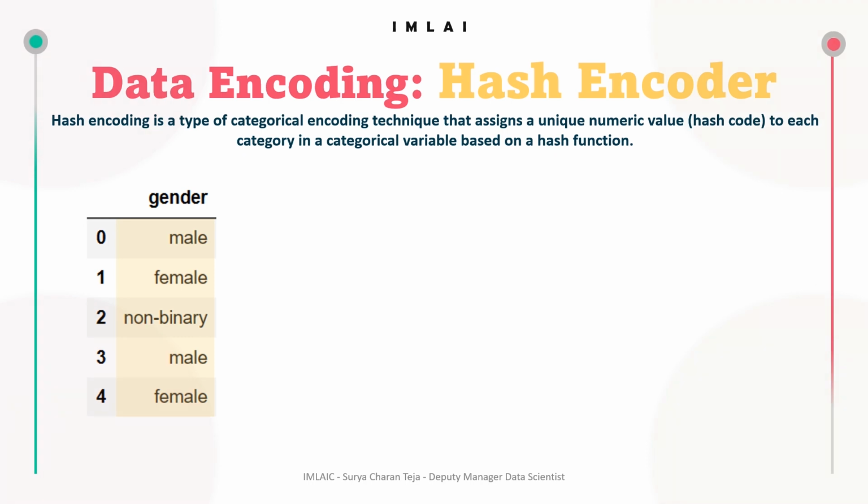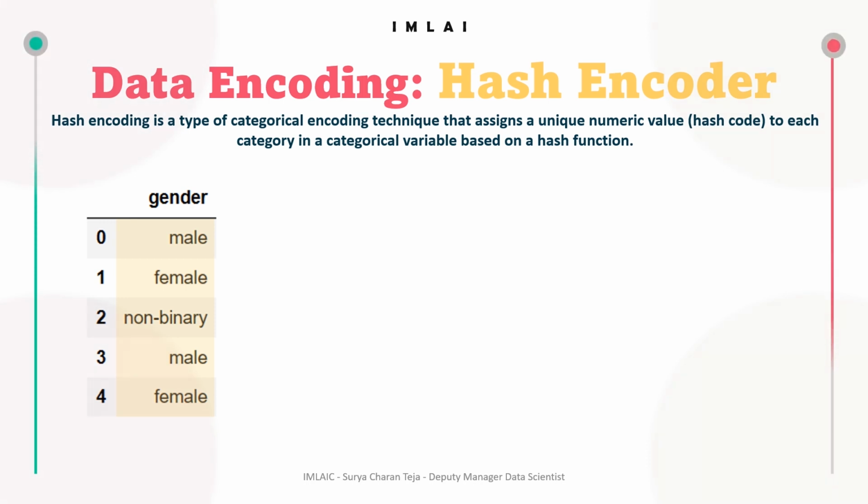The process applies a hash function to each category, which produces a fixed size output regardless of the length or complexity of the input. The hash codes are then used as numerical representations of the categories in the encoded data set.